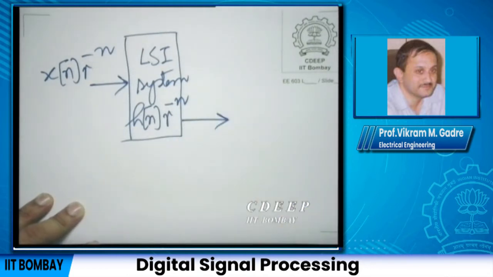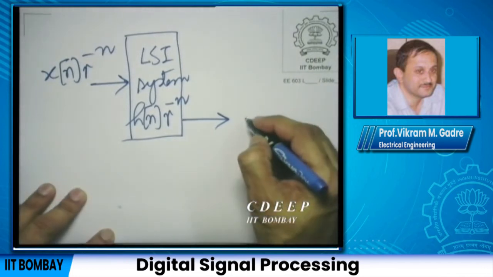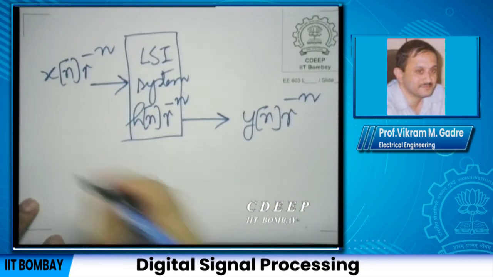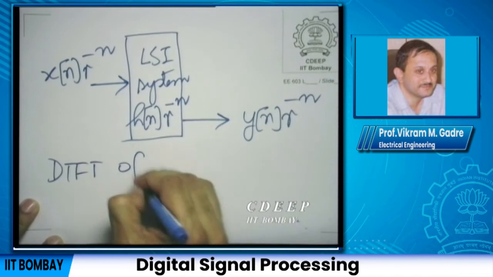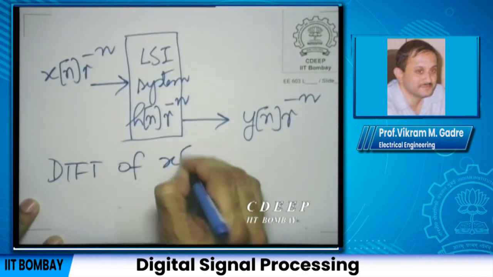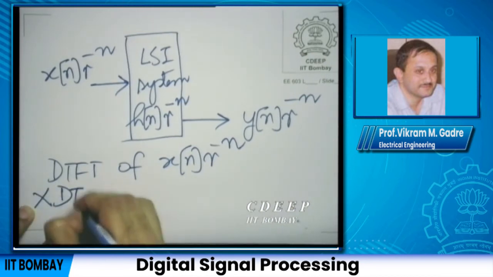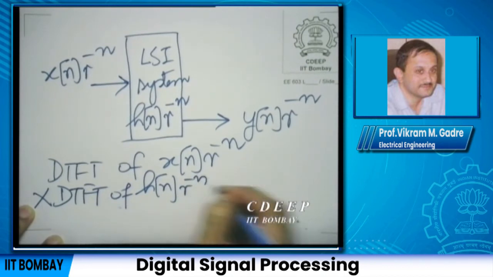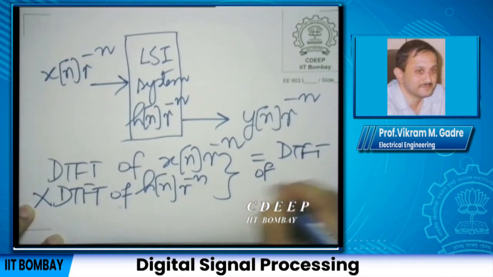The beauty is that instead of y n you would get y n r raised to the power minus n, or in other words, if you took the DTFT of x n r raised to the power minus n multiplied by DTFT of h n r raised to the power minus n is equal to DTFT of y n r raised to the power minus n.